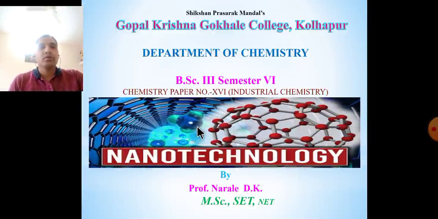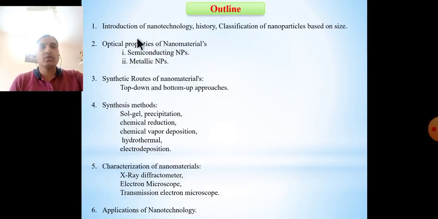Today we are going to discuss nanotechnology, chemistry paper number 16, industrial chemistry. In the last lecture we discussed two points: first, the introduction of nanotechnology, and second, optical properties.